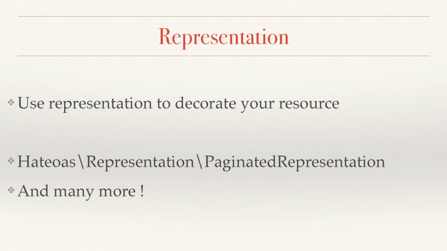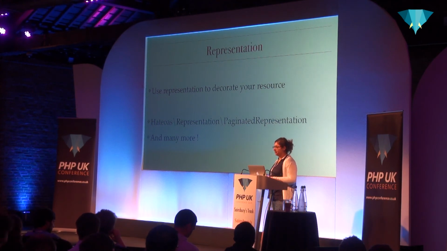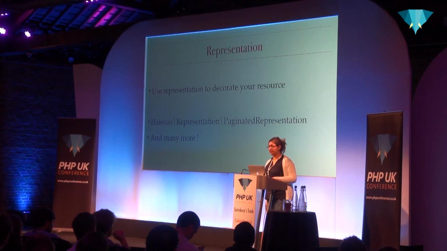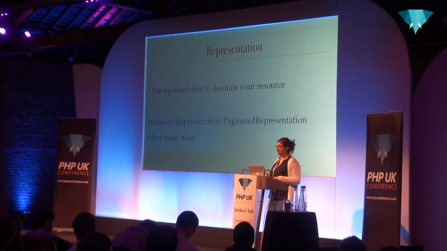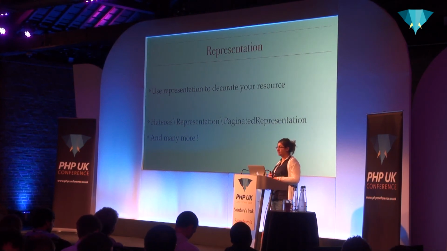If you want to, I told you that there is meta, links, linked, and so on. You could have anything you want, actually. And with Bazinga, it's about using a representation. And a representation is basically just an object. So it's just about decorating your resource.